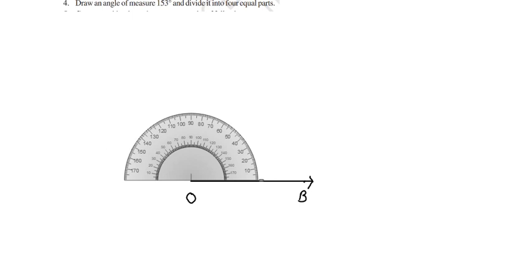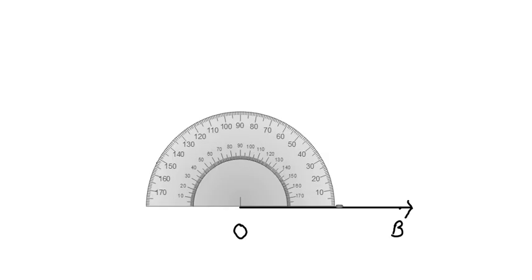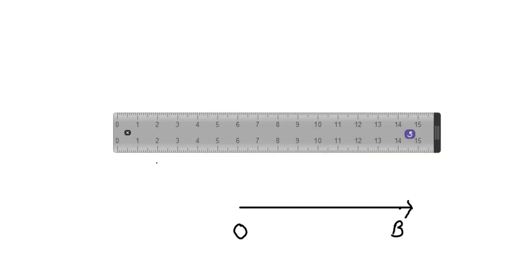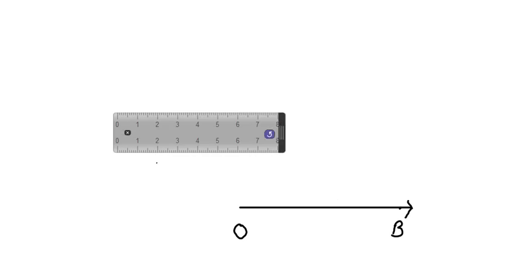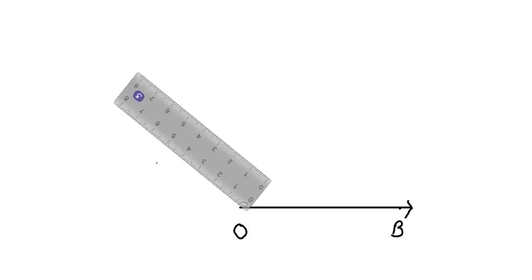Okay, so this is what we were doing. Now our work of protractor is over, so we can remove it. Now we have taken the point, so it is time to take the ruler and join the initial point and the point which we have made of the angle.